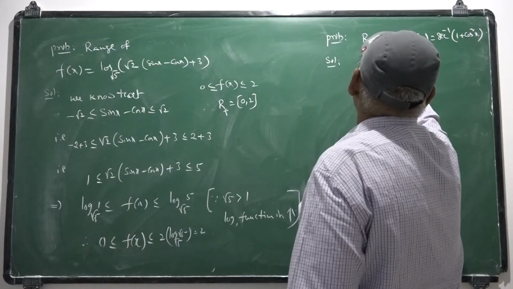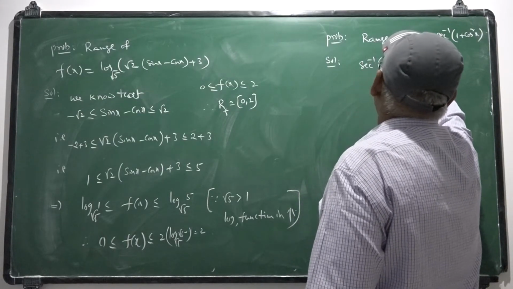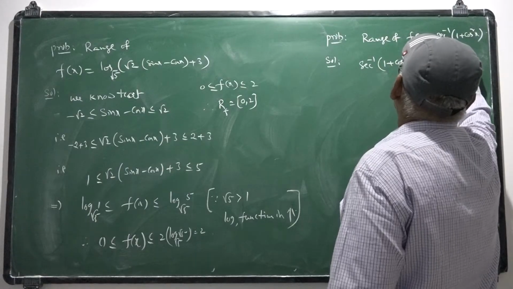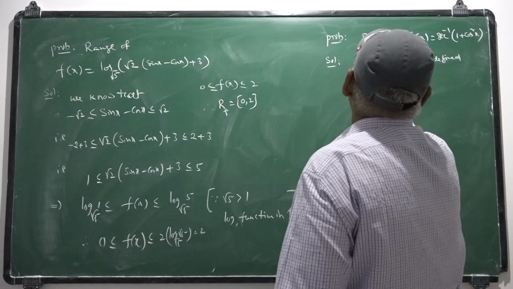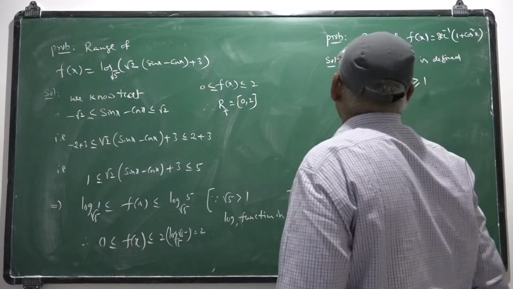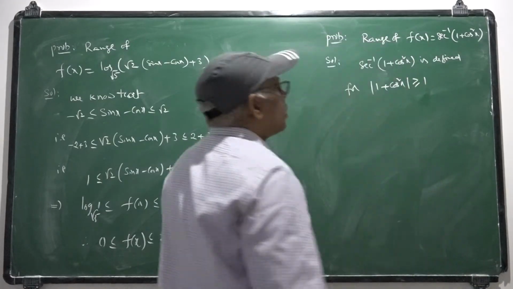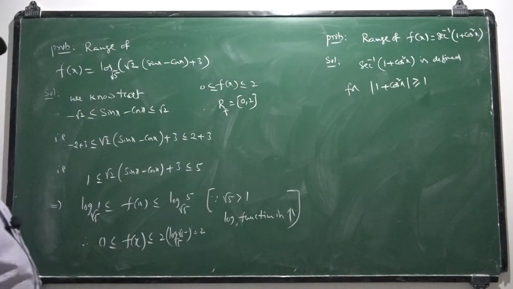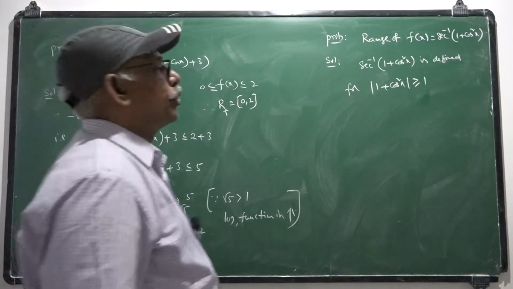Secant inverse of 1 plus cos square x is defined for modulus of 1 plus cos square x greater than or equal to 1. But 1 plus cos square x is positive.